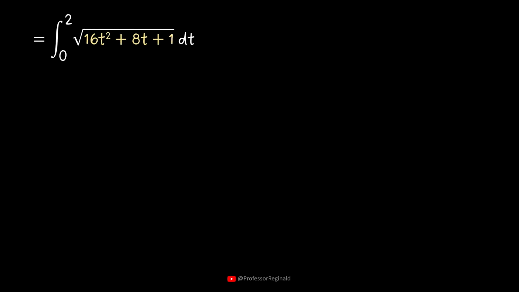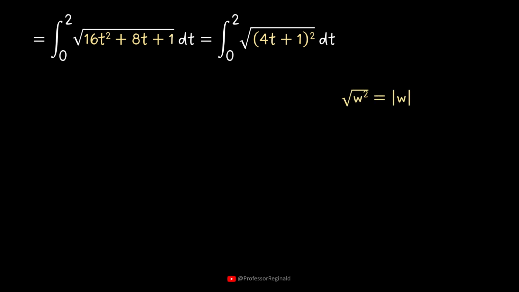The polynomial inside the square root is a square of a binomial. Recall that the square root of a squared quantity is the absolute value of the quantity. From t equals 0 to t equals 2, the expression inside the absolute value is always positive anyway, so we can rewrite the integrand without using the absolute value.